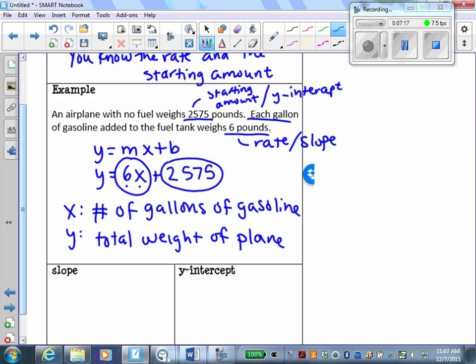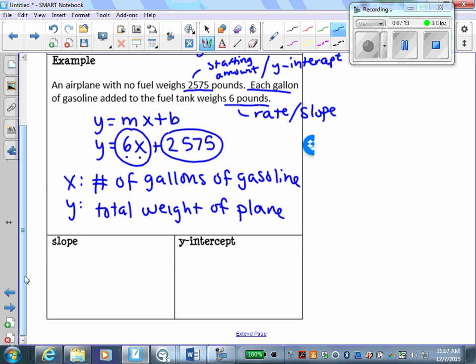Okay, just a couple more things. Slope, just a little definition of that, or something we can write here, is the slope tells us the rate of change. And some keywords that you might see that will give it away that it is talking about the slope is the word per. If you see that, there's a slope nearby.